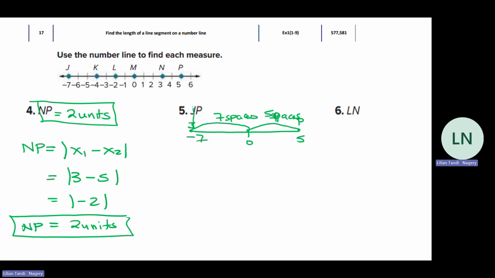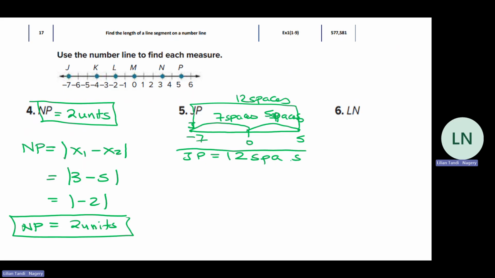And that means altogether this is 12 spaces. So you're going to say JP equals 12 units. And remember, you have to write clearly. Be proud of your work.